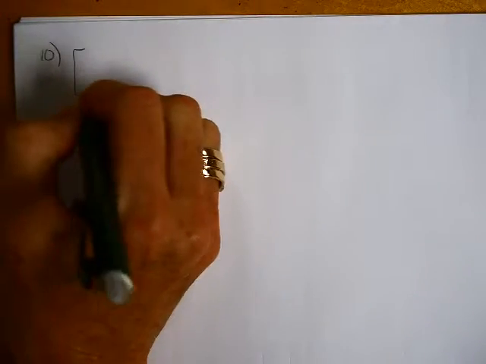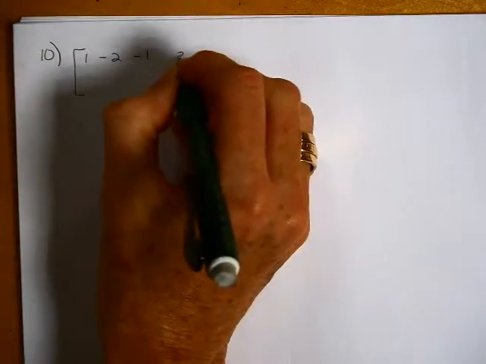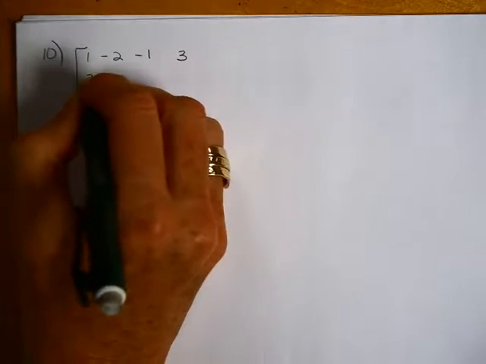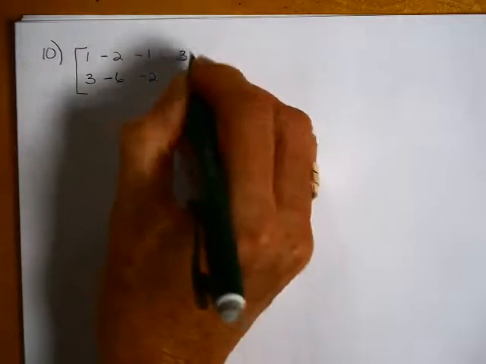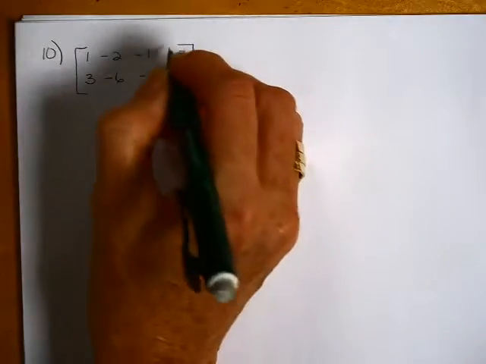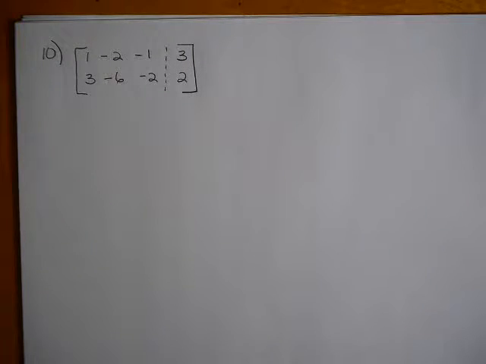Here is a matrix: 1, -2, -1, 3, 3, -6, -2, 2. This is augmented. Find the general solution of the system that represents this augmented matrix. What size is this matrix? It's a 2x4 matrix.